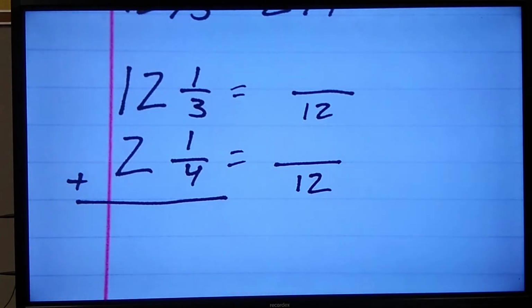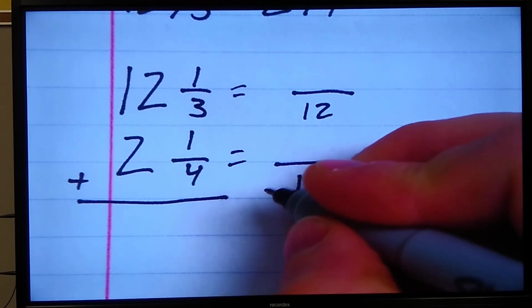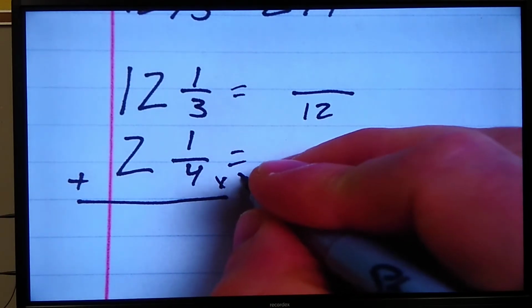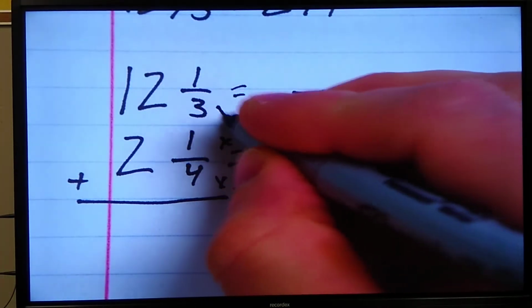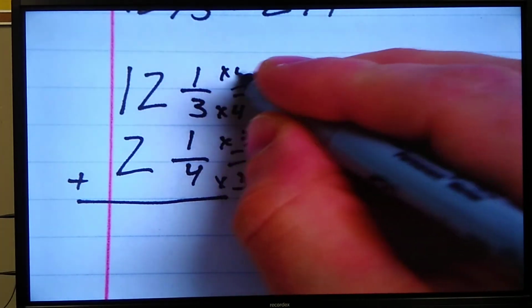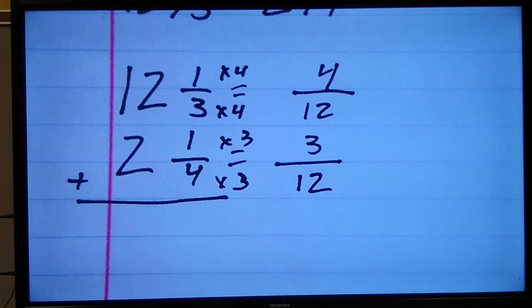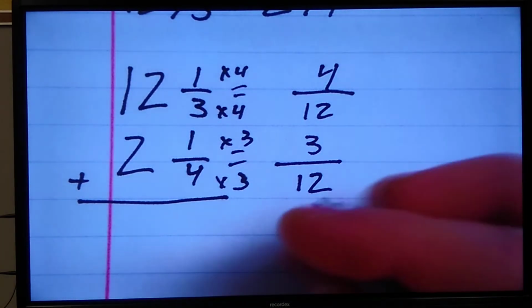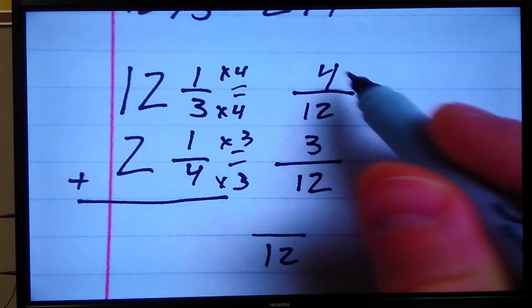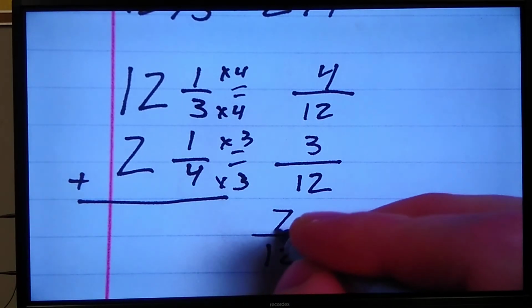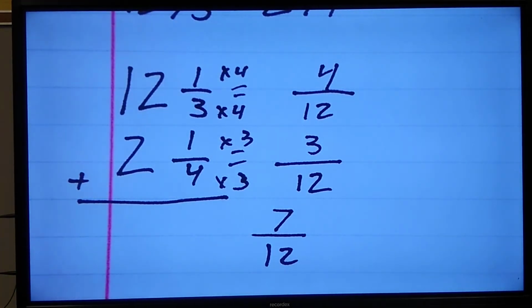Now you must find our new numerators. 4 times 3 is 12. 1 times 3 is 3. 3 times 4 is 12. 1 times 4 is 4. Now you must add the numerators. The denominator stays the same. 4 plus 3 is 7. Ask yourself the two important questions.